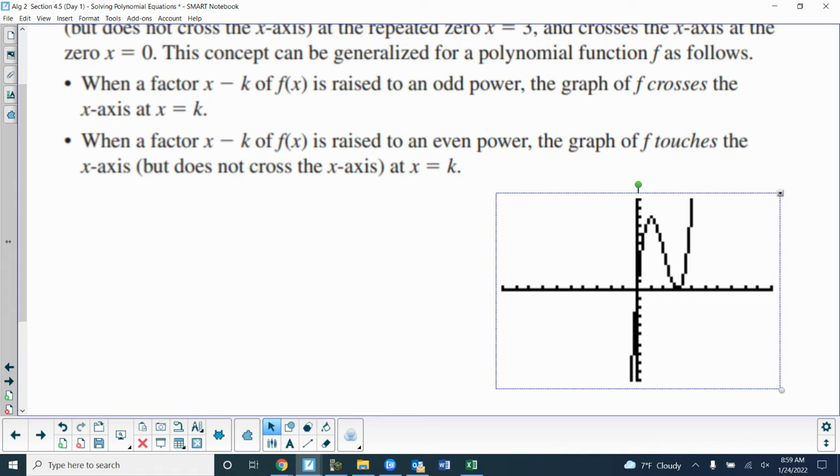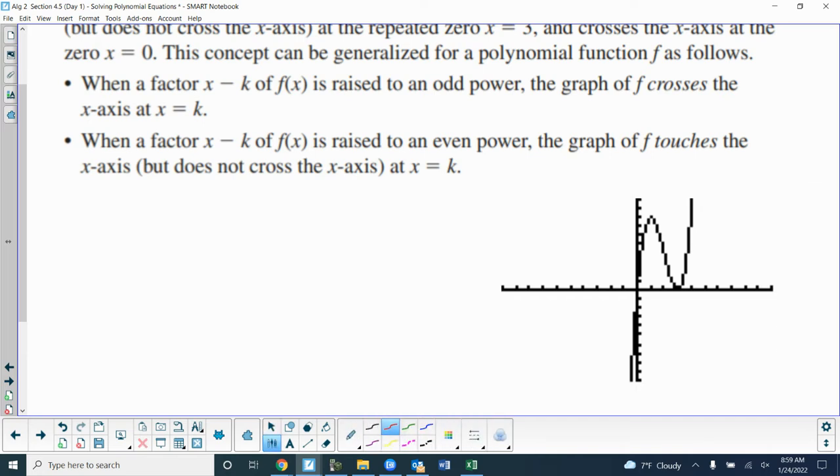Okay, so there's the picture of the graph. If you look at where the graph crosses or touches the x-axis, those are the solutions to that problem.